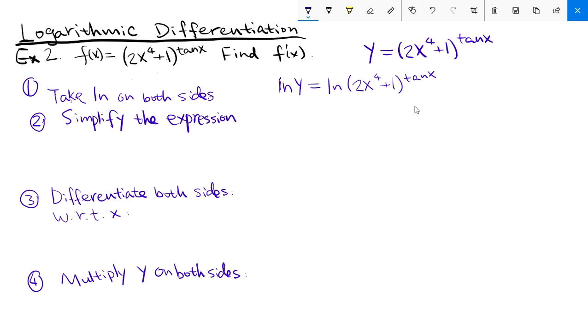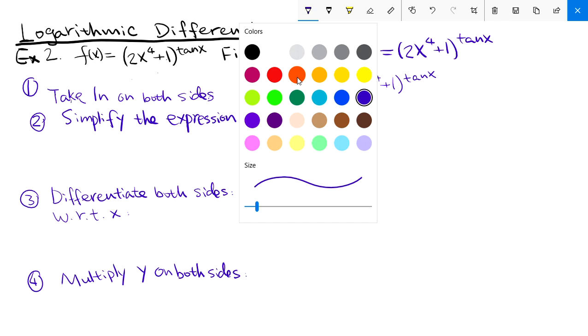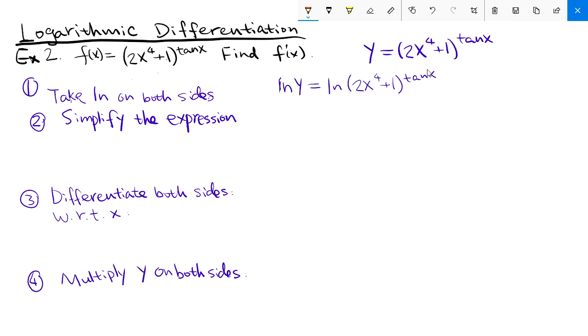Now both of them are logarithmic expressions, so we can simplify them. We want to simplify this right-hand side because this whole expression is something we do not know how to take the derivative of. However, now we can use the laws of logarithms that say when we have a power in the logarithmic expression, the power can go outside.